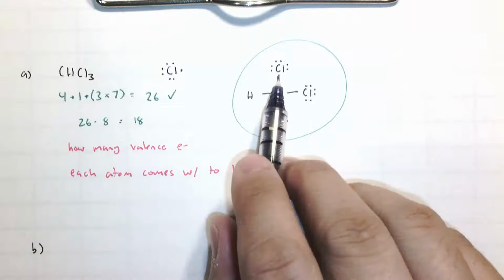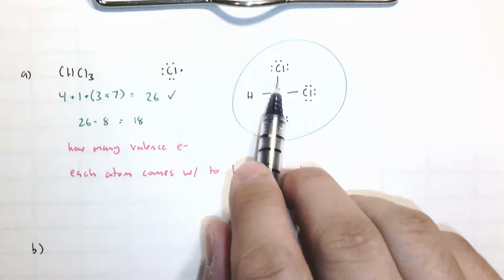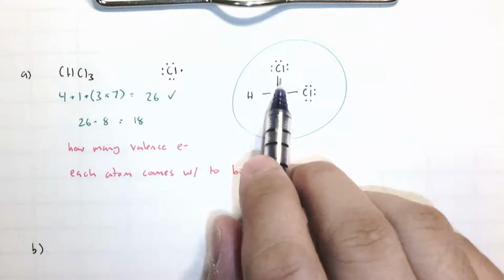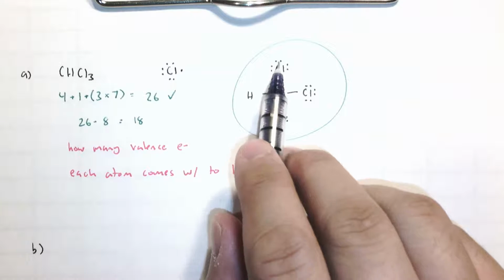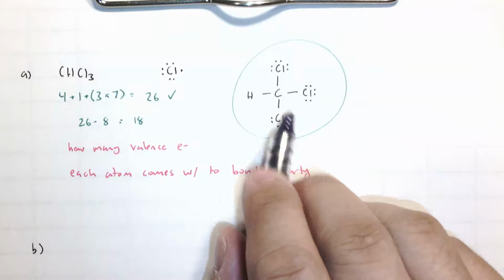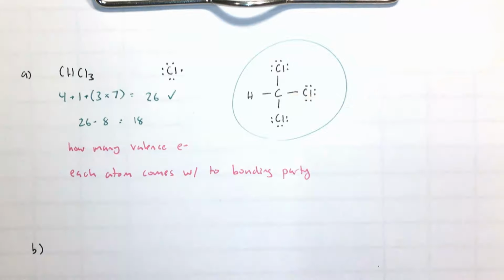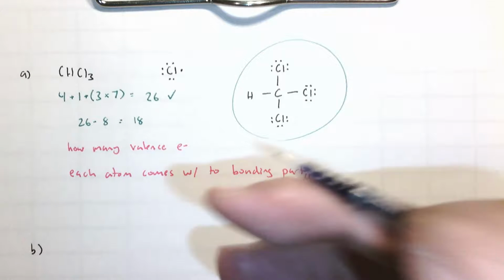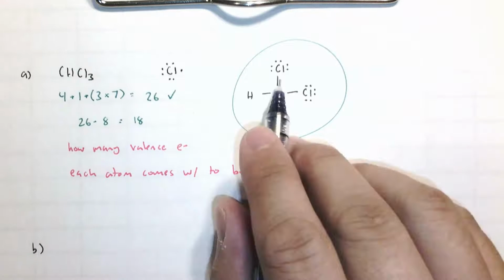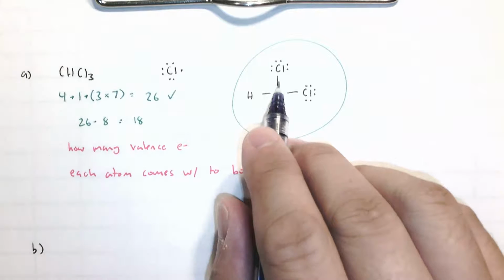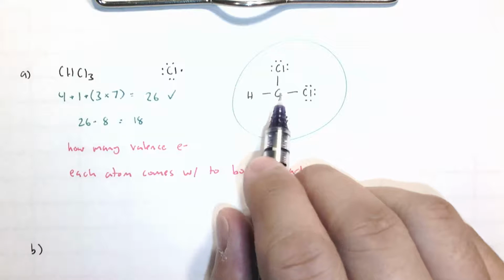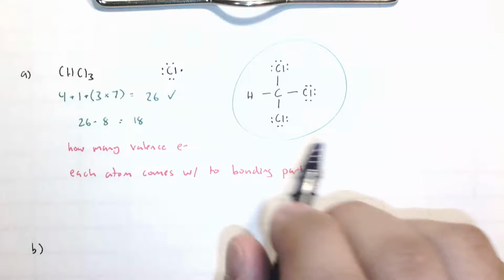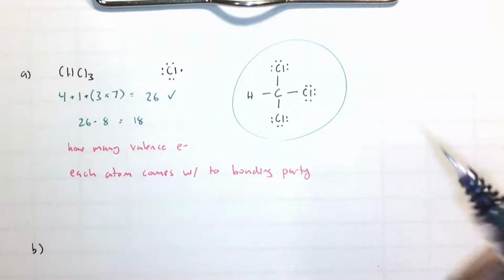Look at this chlorine up here. We are still counting both electrons of this bond, even though we counted it for this carbon. So for chlorine, it's 1, 2, 3, 4, 5, 6, 7, 8. So chlorine satisfies the octet rule. That's the beauty of covalent bonding. Because you are sharing those electrons of the bond, you use those electrons in figuring out whether each of these atoms satisfies the octet rule.